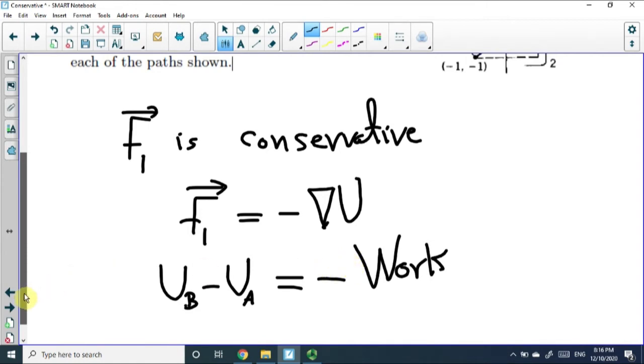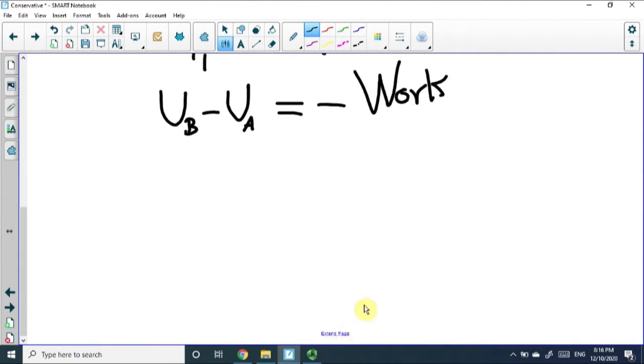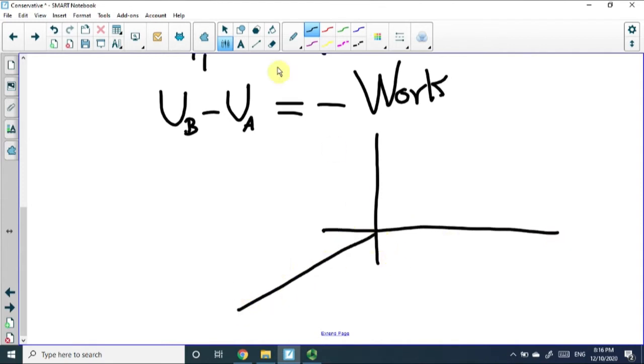So now, in part 2, we're going to try to calculate the potential energy associated with this force. The way to do it is to calculate work. So let's take a three-dimensional coordinate system. Let's call this the x-axis, this is the y-axis, and this is the z-axis.